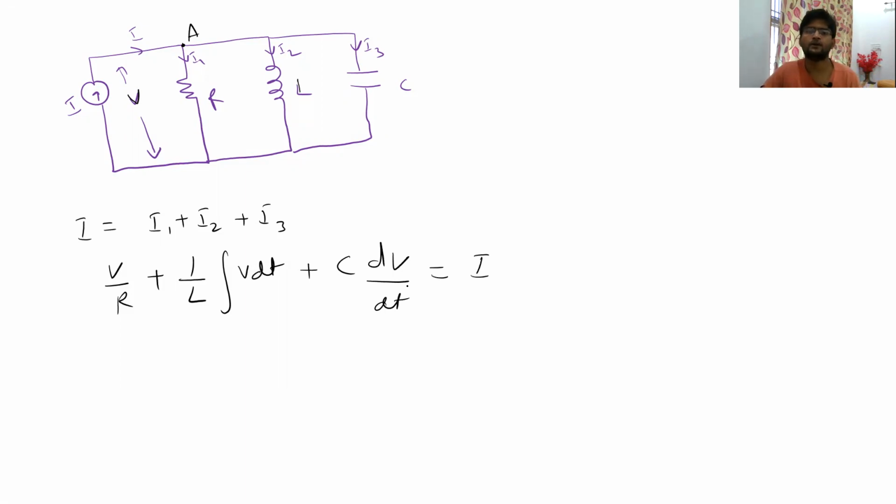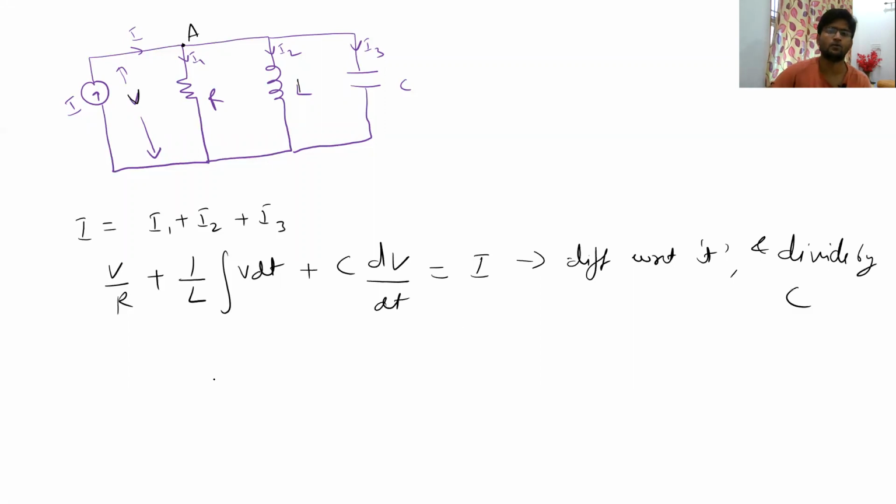So let us differentiate this whole equation with respect to t. And also let us divide by C on both sides.